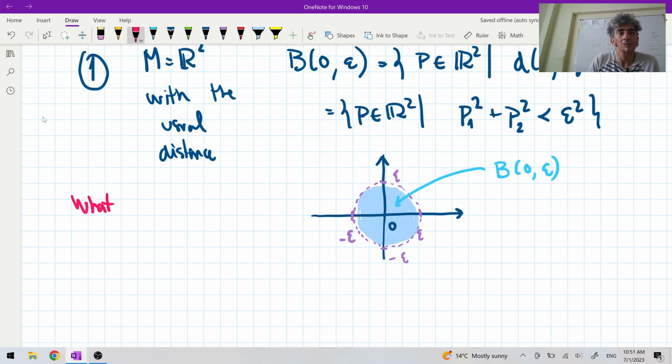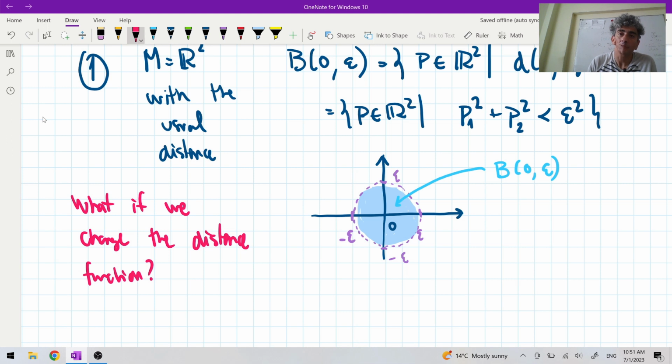What if we change the distance function? Well, then balls are going to look different.